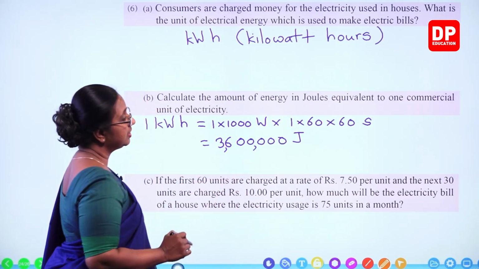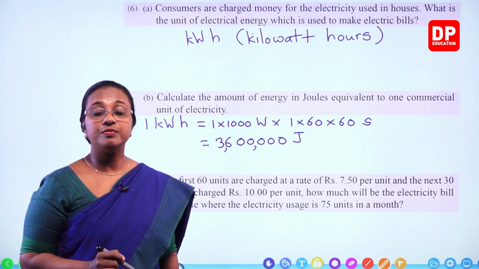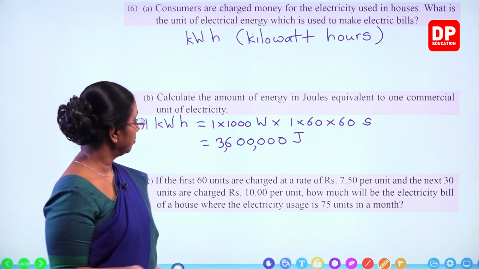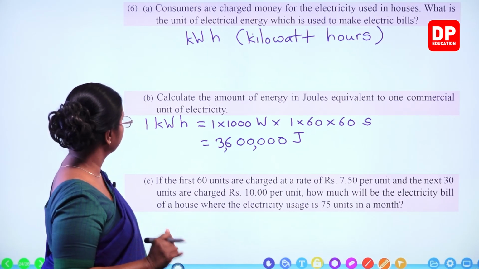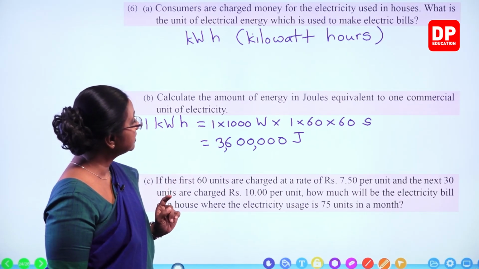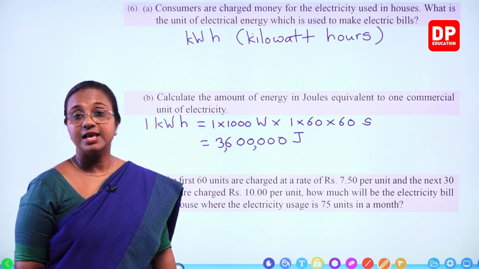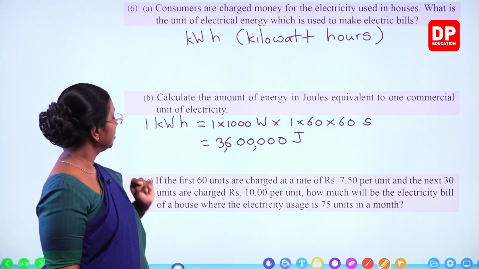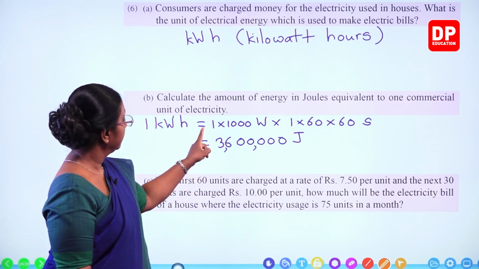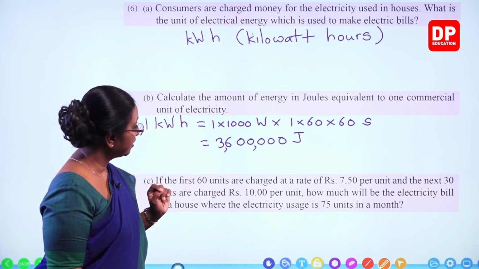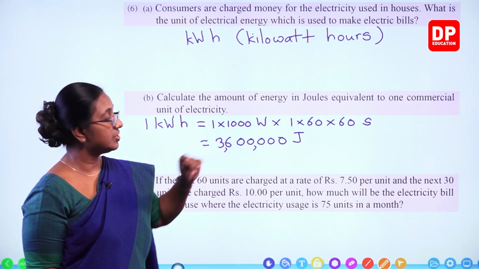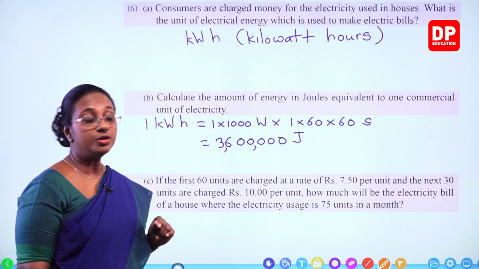They have asked in joules equivalent, so we don't convert it to kilojoules. Don't convert it to kilojoules. Calculate the amount of energy in joules equivalent to 1 commercial unit of electricity. So 1 commercial unit is kilowatt hours. 1 into 1000 to convert it to watts, and 1 into 60 to convert it to seconds.